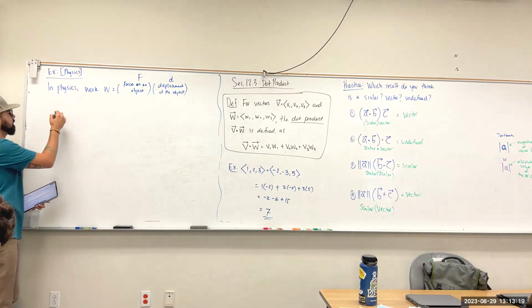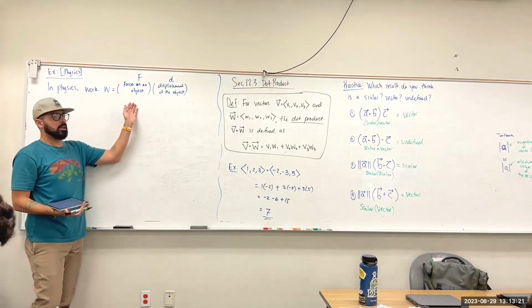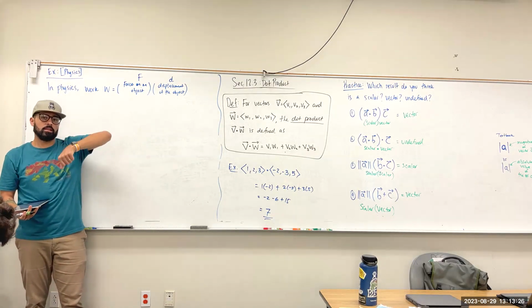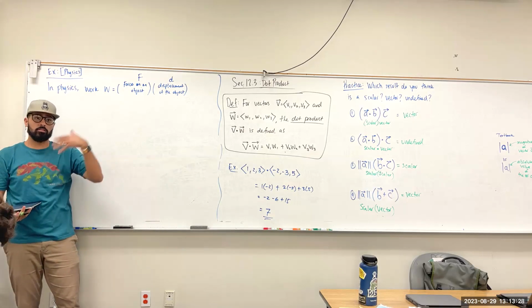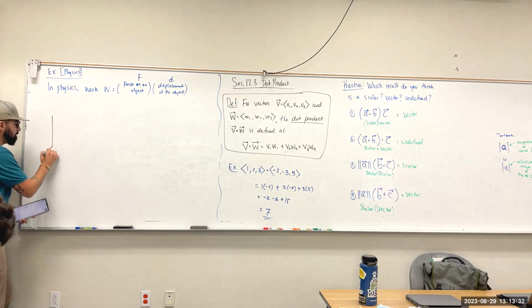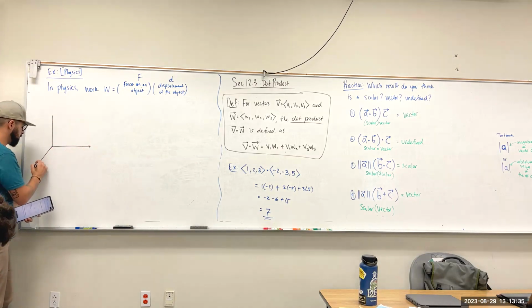Now usually in the physics class, it's 2D, meaning you're just looking at how things are moving sideways, diagonally. There's not really depth yet, unless you're at that point in the physics class. At some point there will be depth, and you will be dealing with 3 dimensions.